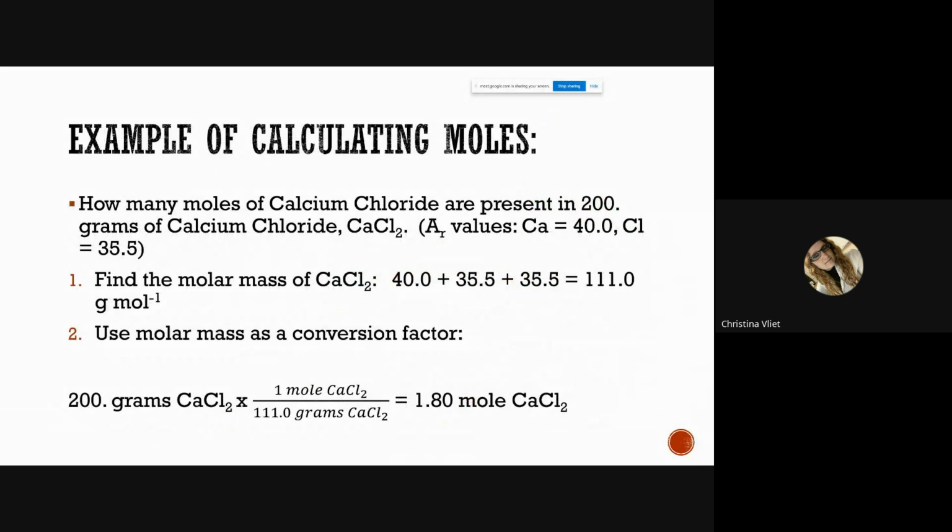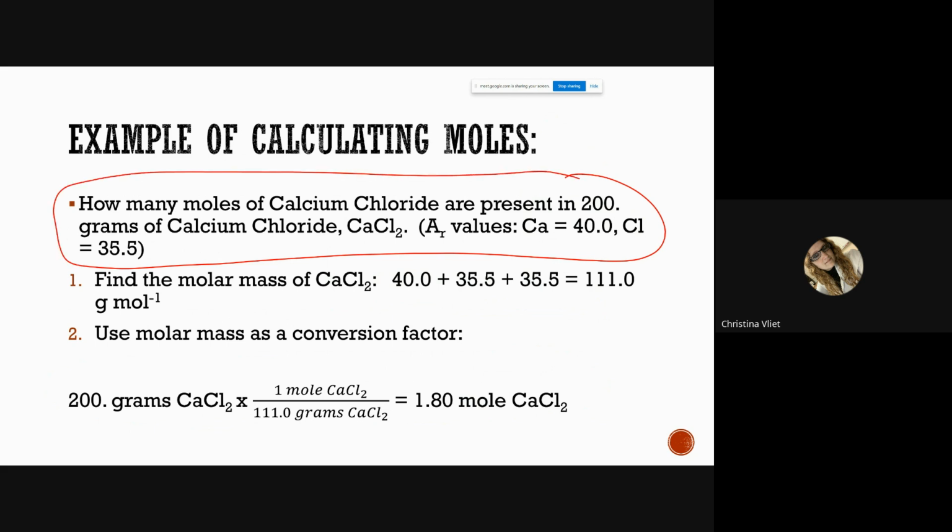Here we go. Example of calculating moles. The traditional way of doing this would be to use what we call dimensional analysis. This is the question. How many moles of calcium chloride are present in 200 grams of calcium chloride? First step, find the molar mass.